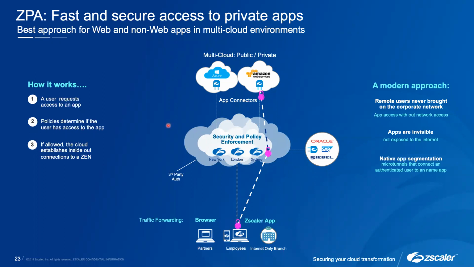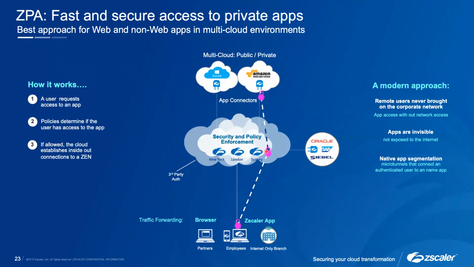If the user is allowed, then these two micro tunnels are joined together. And what ends up happening is that the employee is able to securely access the application located behind one of these locations. So that is a gist of how Zscaler Private Access works.